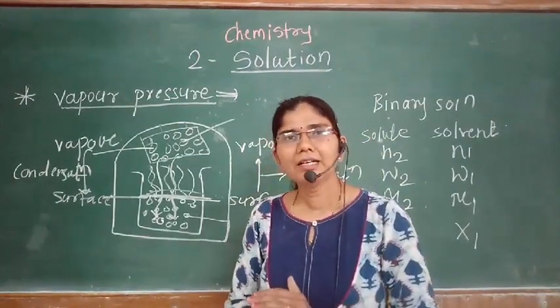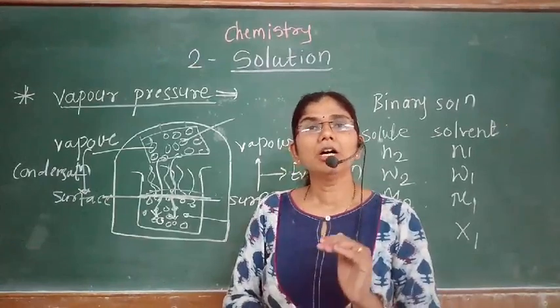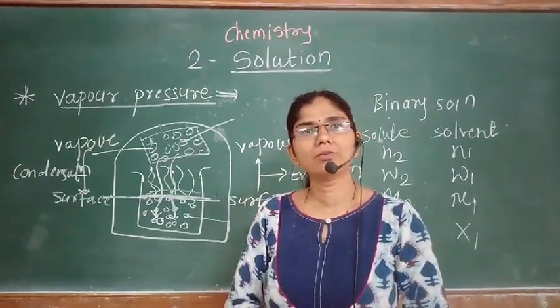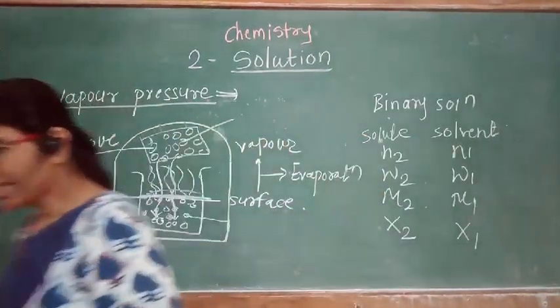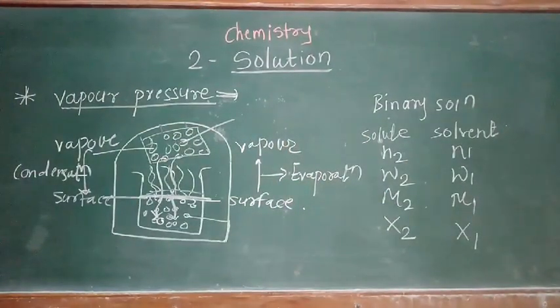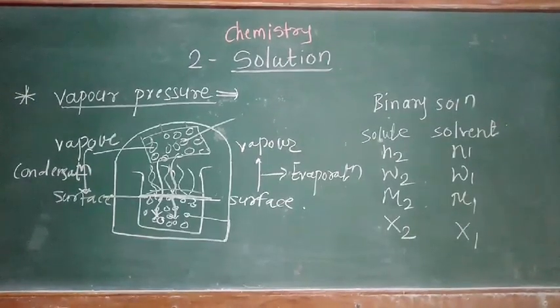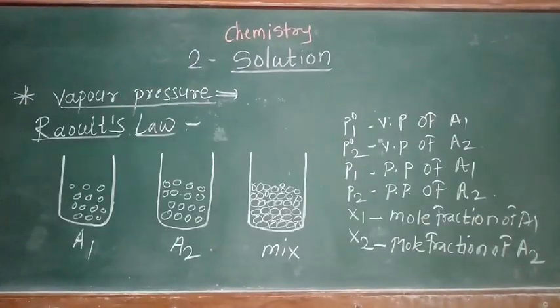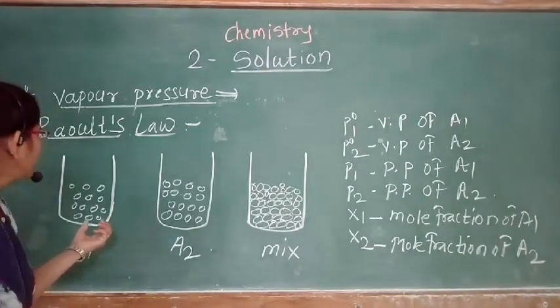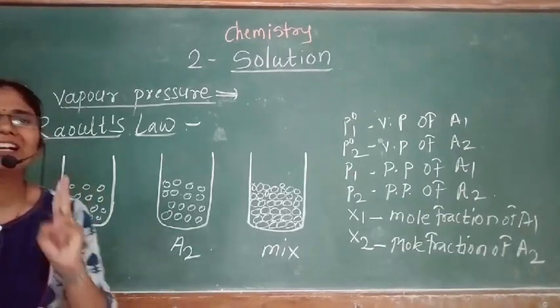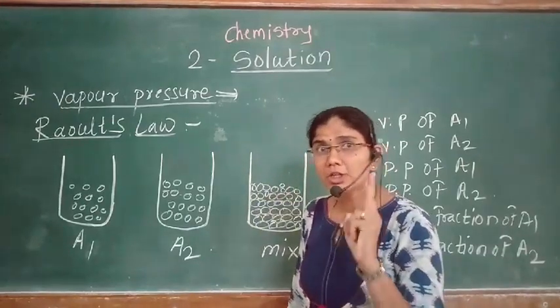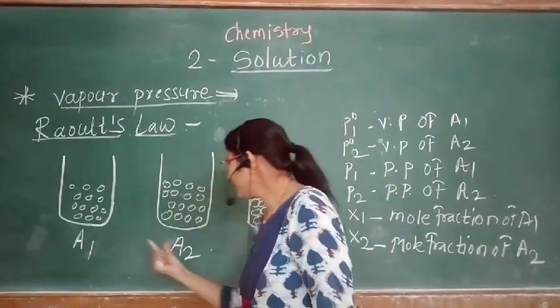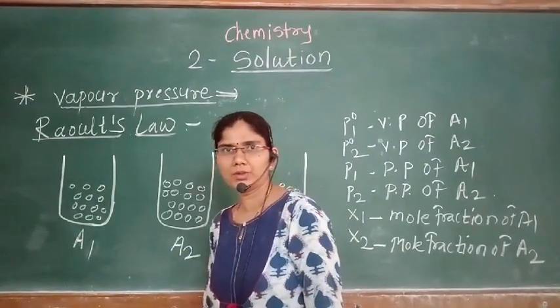After that, we come to know about Raoult's law. What is the statement of Raoult's law? For Raoult's law, we consider two volatile components, A1 and A2.